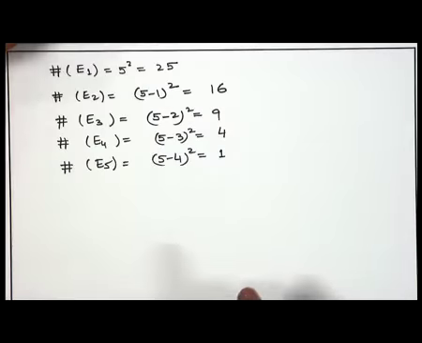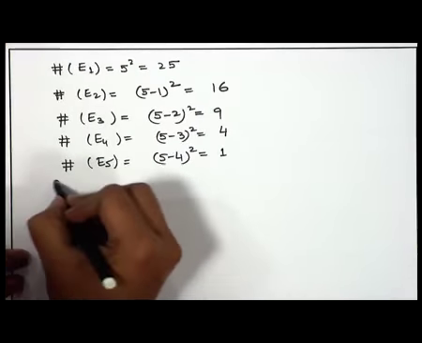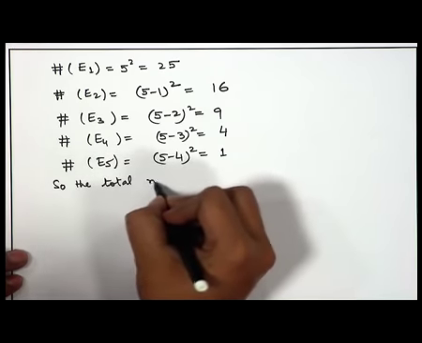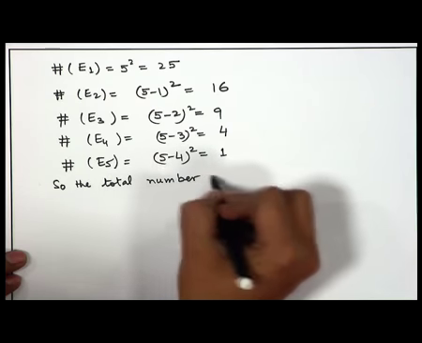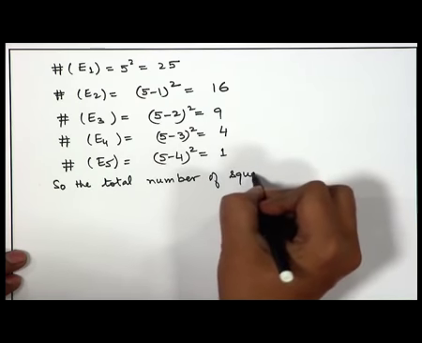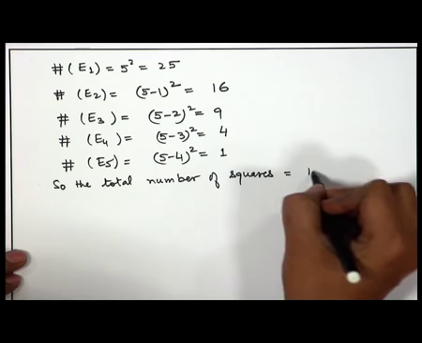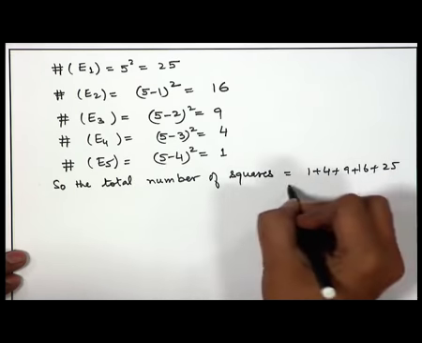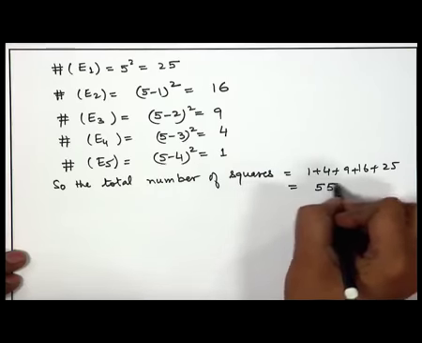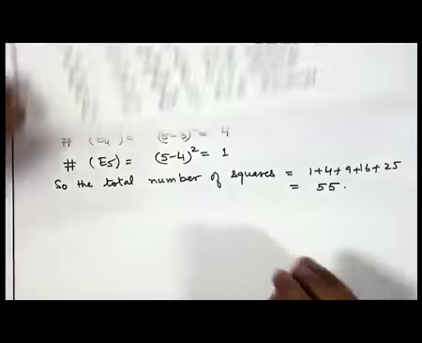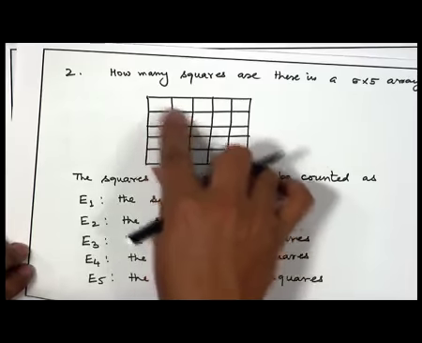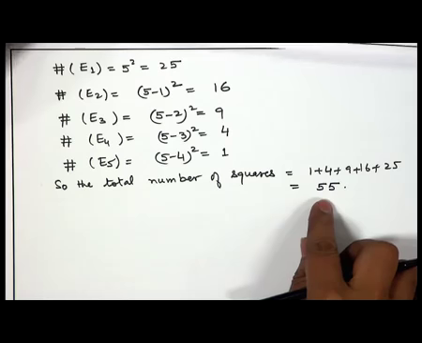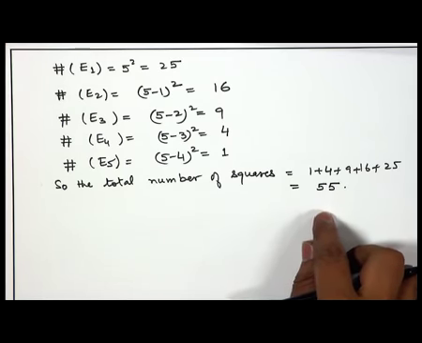So, the total number is equal to 1 plus 4 plus 9 plus 16 plus 25, that is equal to 55. So, in a 5 by 5 array, if we consider all the nested square cells, then there are a total of 55 squares available.